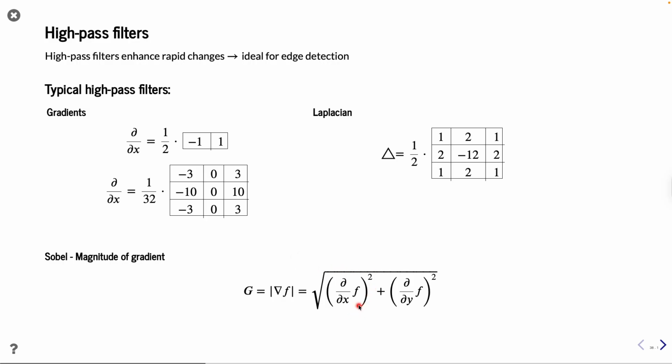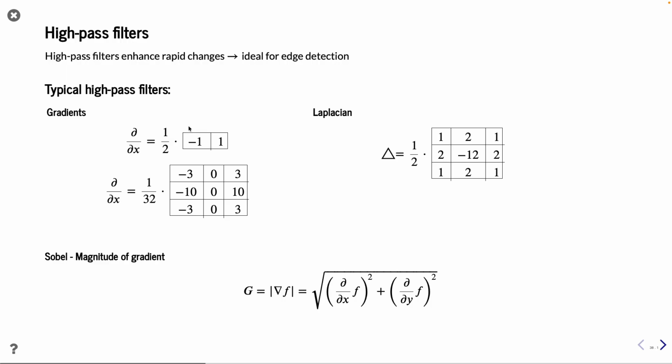So until now, we have only talked about low-pass filters to get rid of noise. The next type of filter, the high-pass filters, which we a little bit had a glimpse on in the spot cleaning, is to identify rapid changes. And typical high-pass filters that are used are gradients, the Laplacian, and the magnitude of the gradient.